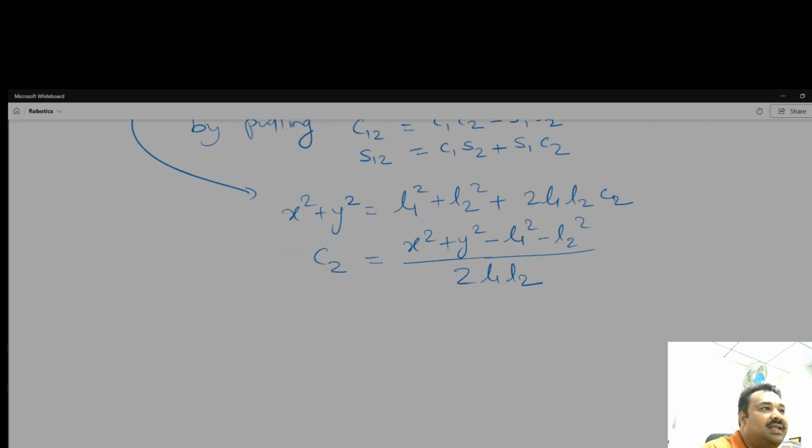Similarly, we can get S2 with plus minus sign, square root of 1 minus C2 square.